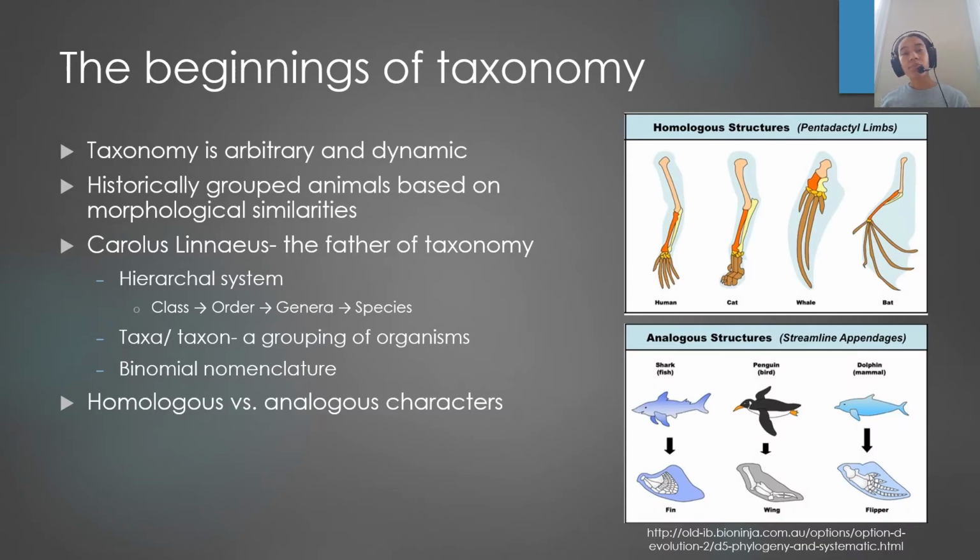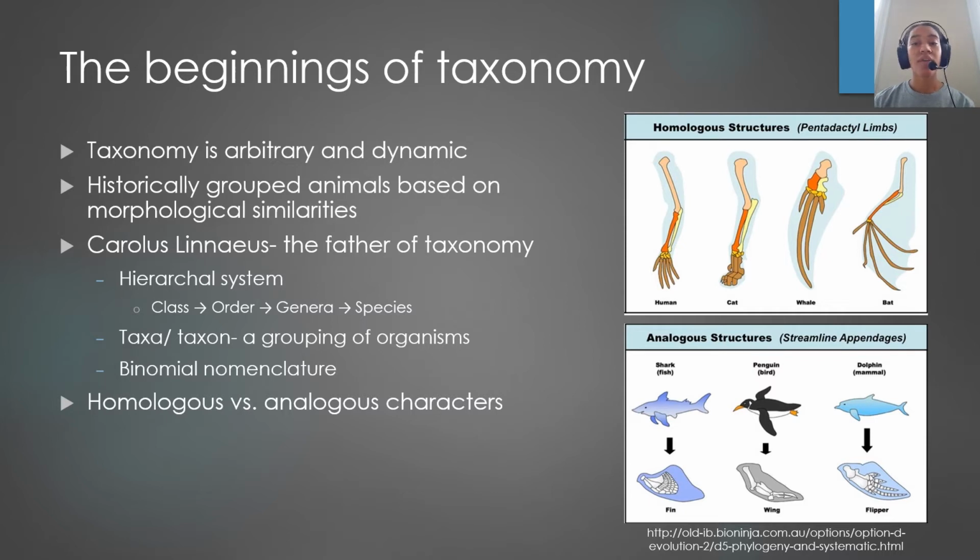Some problems with this system of just comparing based on what you can see is that homologous and analogous characters can arise, and this can give you a false interpretation of how closely two species are related. Homologous features are characteristics derived from a common ancestor. All of the species that have this feature have it because they share a common ancestor.